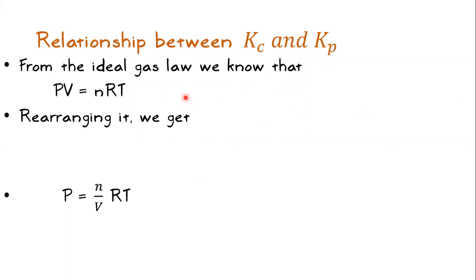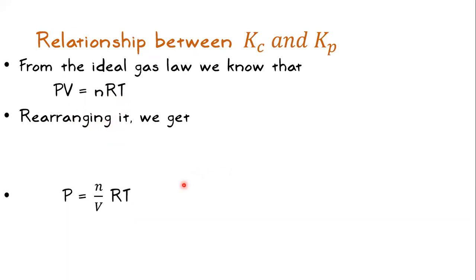We know from physics and chemistry, when you are dealing with the ideal gas law, PV equals nRT. If we rearrange, making pressure the subject, we get P equal to n over V times RT, where R is the molar gas constant and T is temperature.